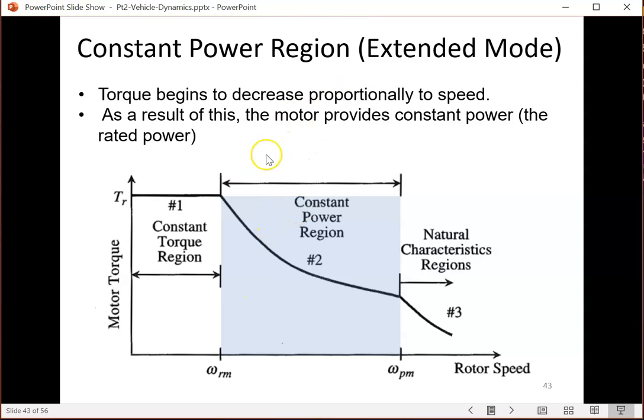This is why you see the torque reduces as the motor speed goes up. It gets to the point of omega pm. Now this omega pm is known as the maximum speed or maximum velocity of the motor.